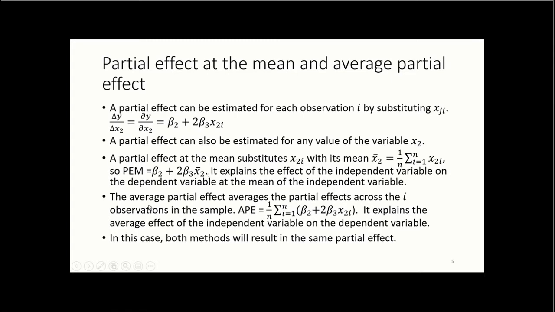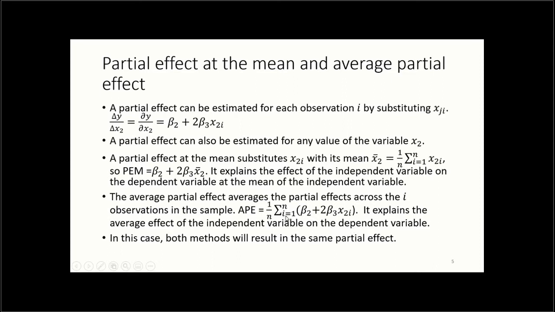Now, the average partial effect averages the partial effect across all the i observations in the sample. So the average partial effect would be equal to 1 divided by n, summation i equals 1 to n of this expression. This one explains the average effect of the independent variable on the dependent variable.